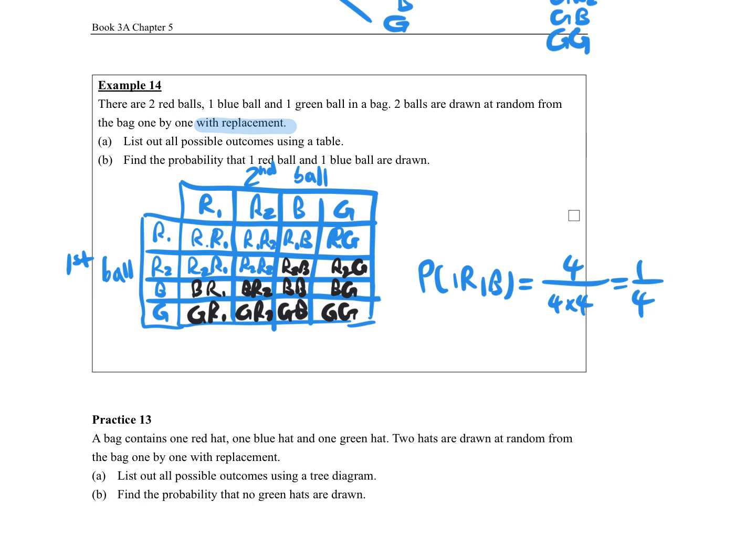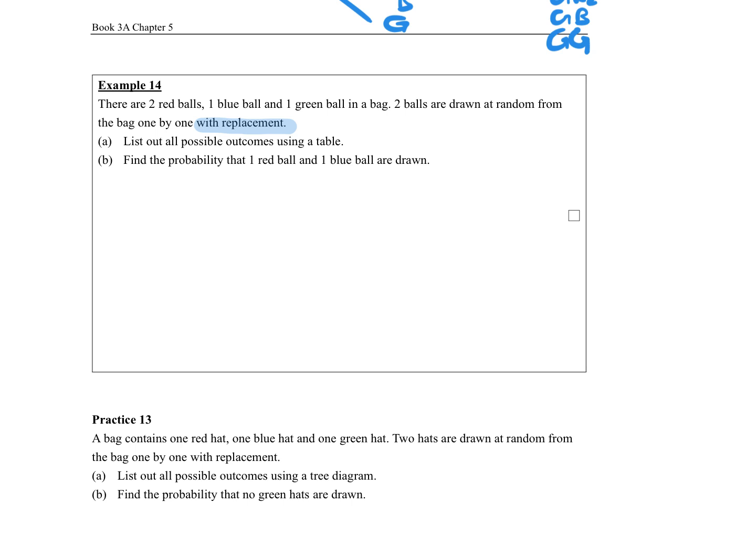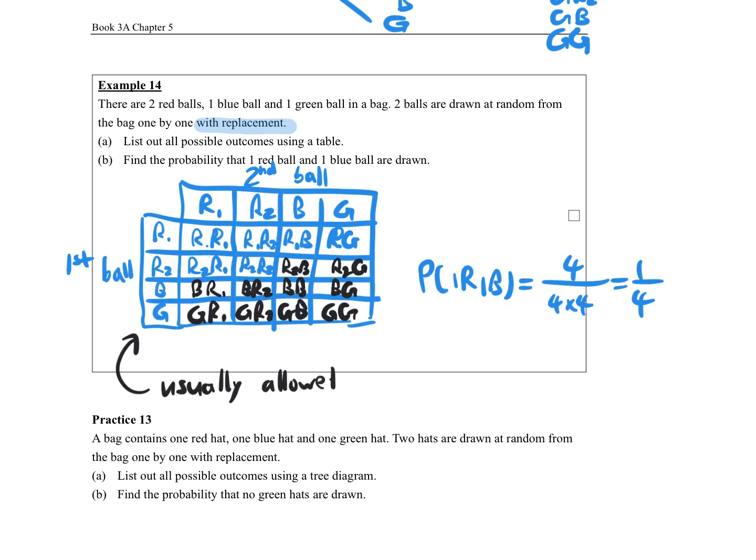Otherwise, if you skip the 1 and 2, it's usually accepted in exams because you have no obligation to define them as 1, 2. But 1 and 2 help you to understand exactly what's happening.